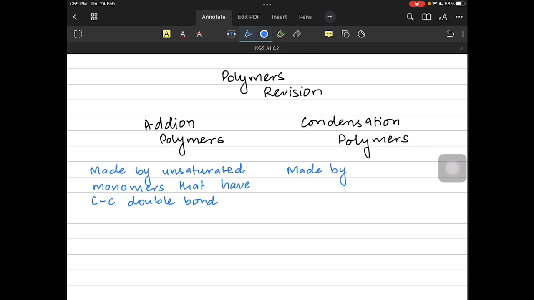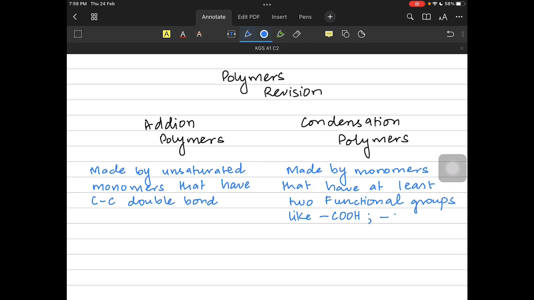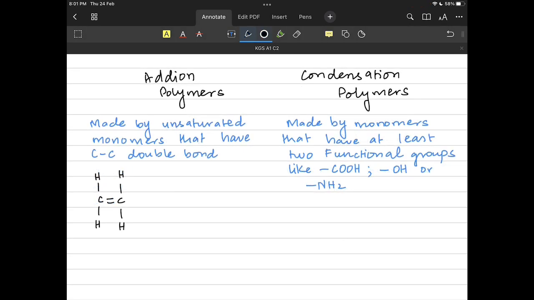While condensation polymers are made by monomers that have at least two functional groups within the molecule. It could be two carboxylic acids, two hydroxyls, or two amine groups, or a mix and match. For example, ethene, which is a two carbon unsaturated molecule, makes polyethene.